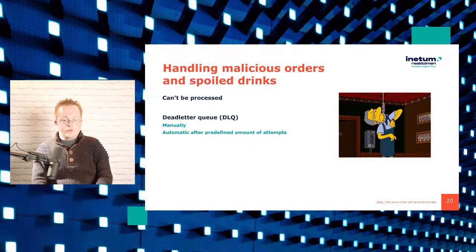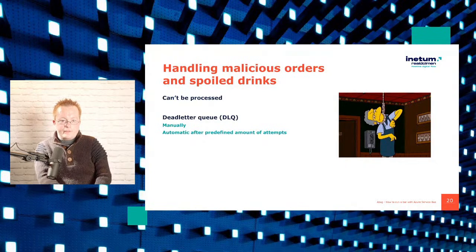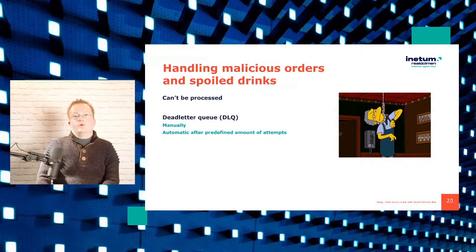For instance, you can have an order that has a drink that you don't know, that's not on the menu. In this case, you could say, okay, I don't have this in my business logic, I'm just going to dead letter this. However many times I retry this, it will never work because it's not on the menu. So you can manually put that in the dead letter queue.